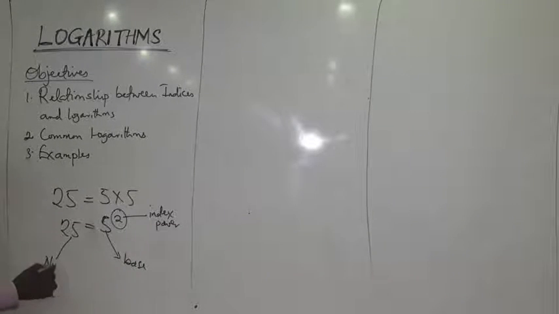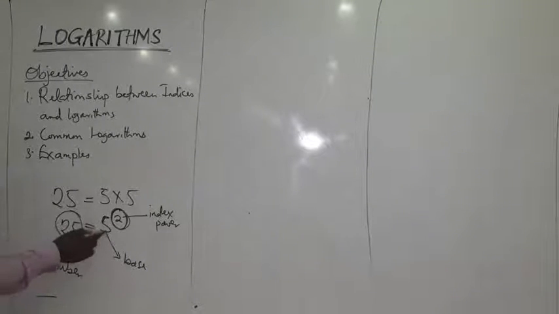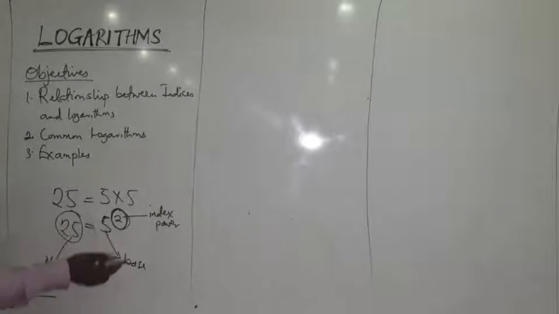While this is the number. So from here we can look at the relationship between indices and logarithm in this way. The power, which is the index, is the log of the number into this base. You can see the power here is the log of this number into the same base, which is base 5. What do I mean by that?